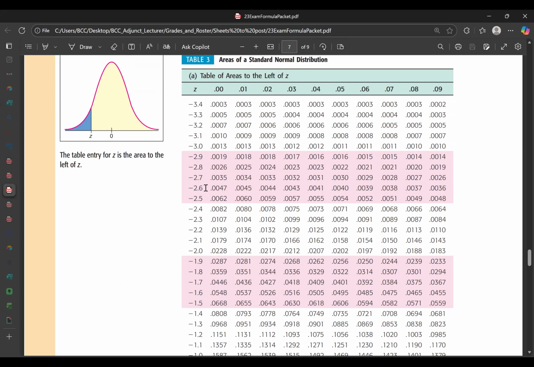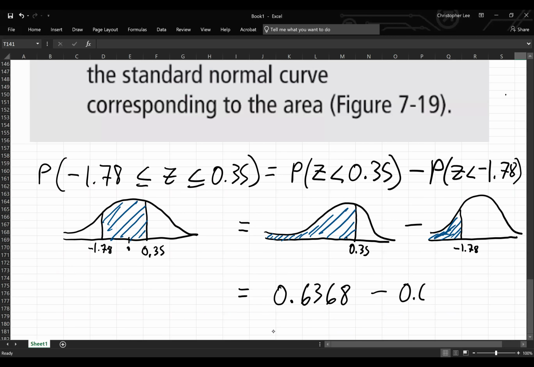So that's 0.0375 on the negative side. Then a little subtraction, and that's it.